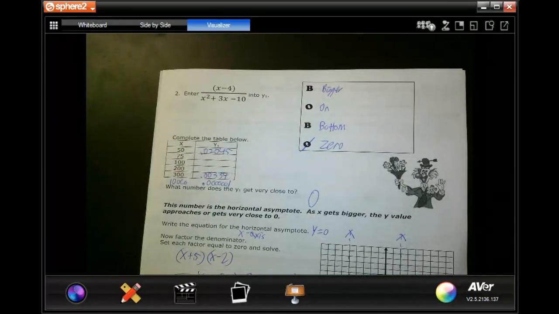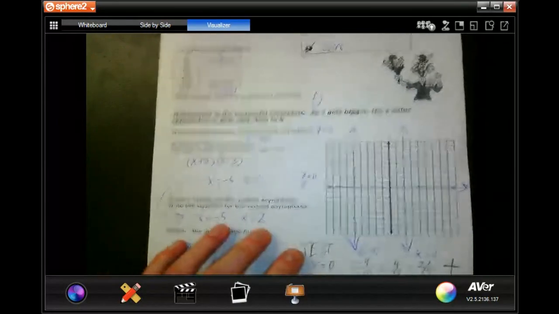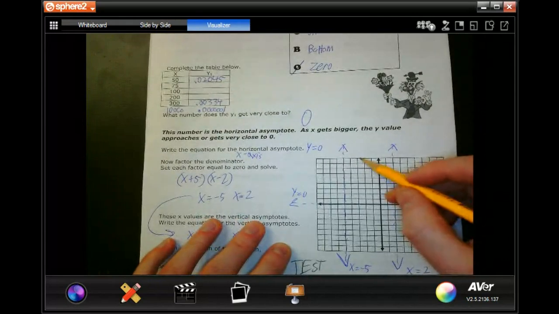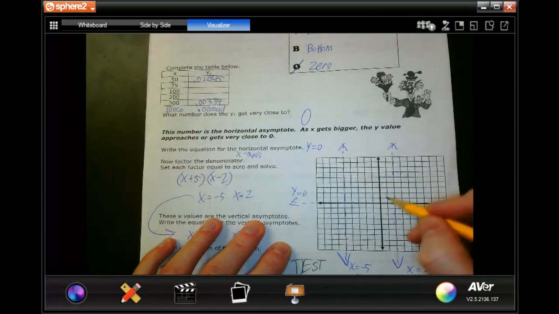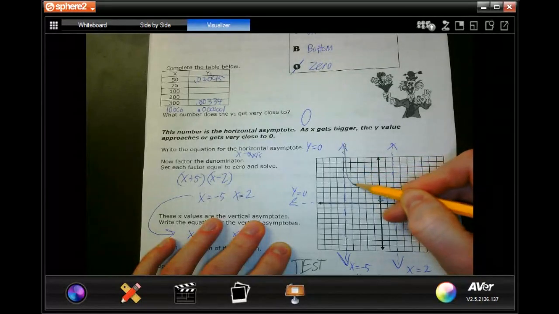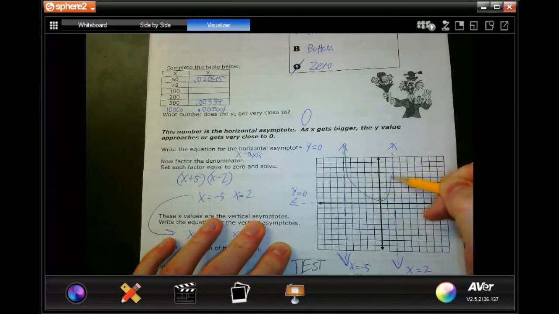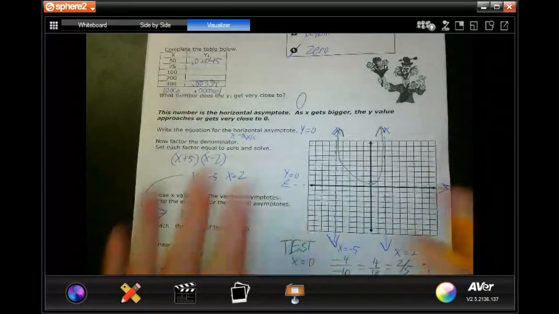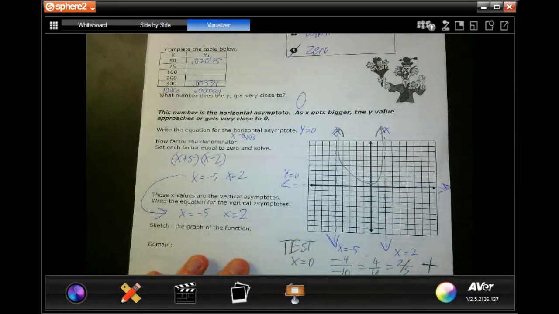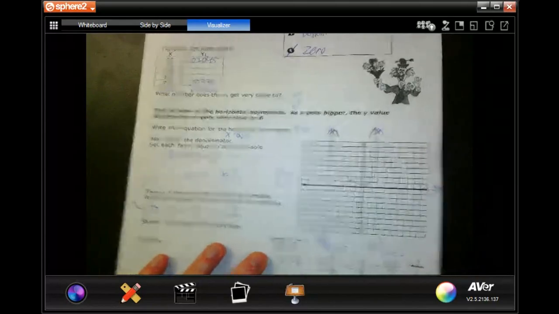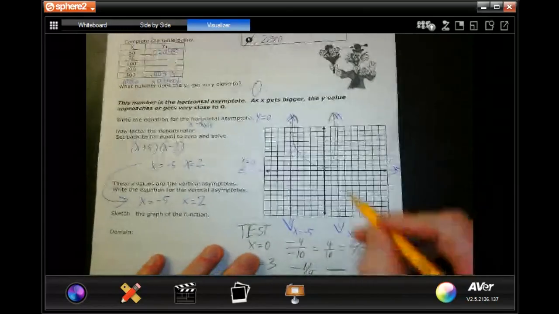You would also test negative 6. You don't have a calculator. Normally, it would give you that. So here's what this is going to look like. You're going to have a parabola, and we have 0 is at 2/5, so we can actually put a point here if we want. It's not going to touch the asymptotes. We're going to have a curve. Actually, we'll do the x equals 3.